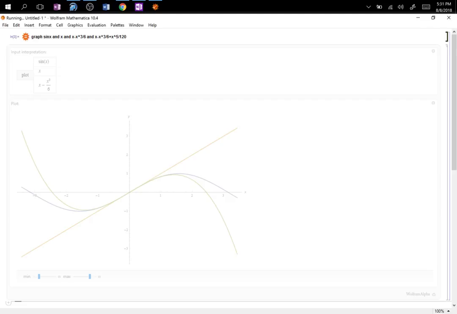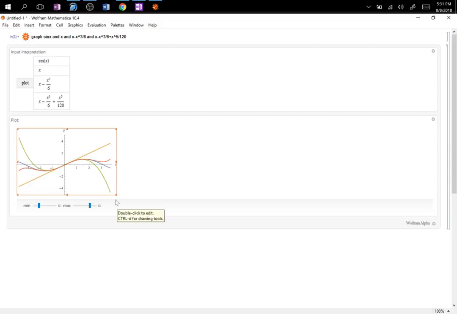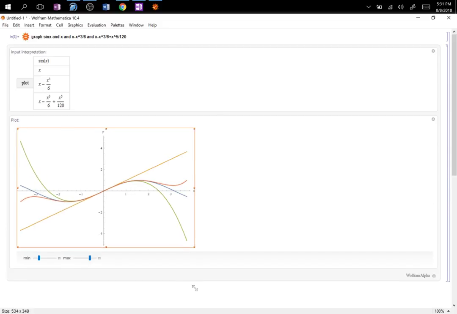Boom. So now I added one more term, and the red line is now showing up to the party. And you can see that the red line is going to be better than the previous green line.